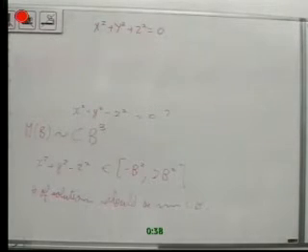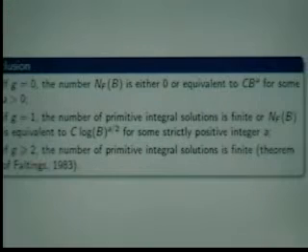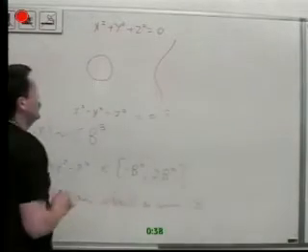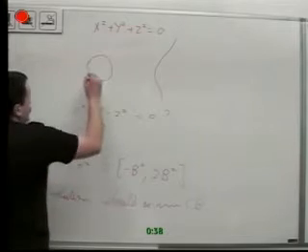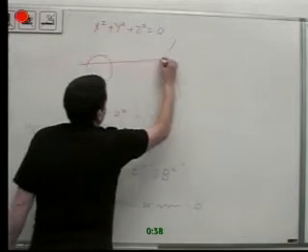Okay, if g is equal to 1, well, then we get an elliptic curve, and we have seen already in several talks that this elliptic curve has a group structure. Well, let me draw an elliptic curve. So this group structure may be defined over Q, because it is defined also with lines.